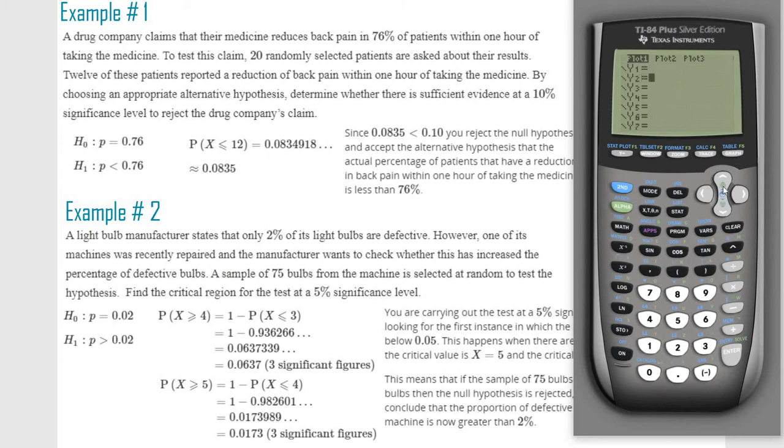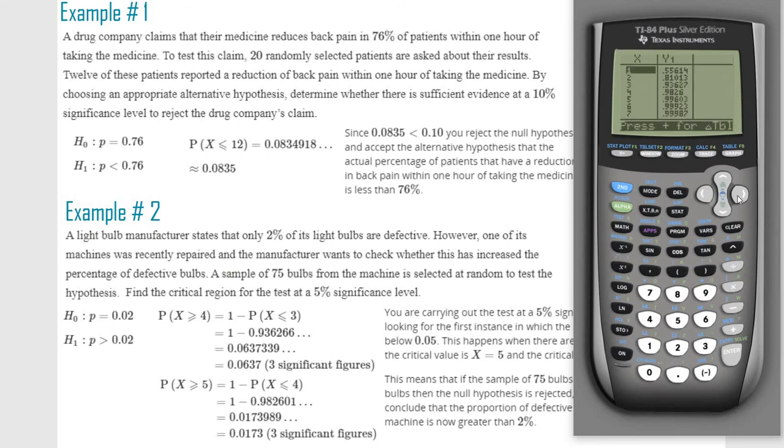So I used the binomial CDF, and we had 75 trials, 0.02 for a defect, and we have X number of trials. Then I adjusted my table, and I started at 1, and I went up every 1 because I'm counting the number of defects, and then I just looked at my table.